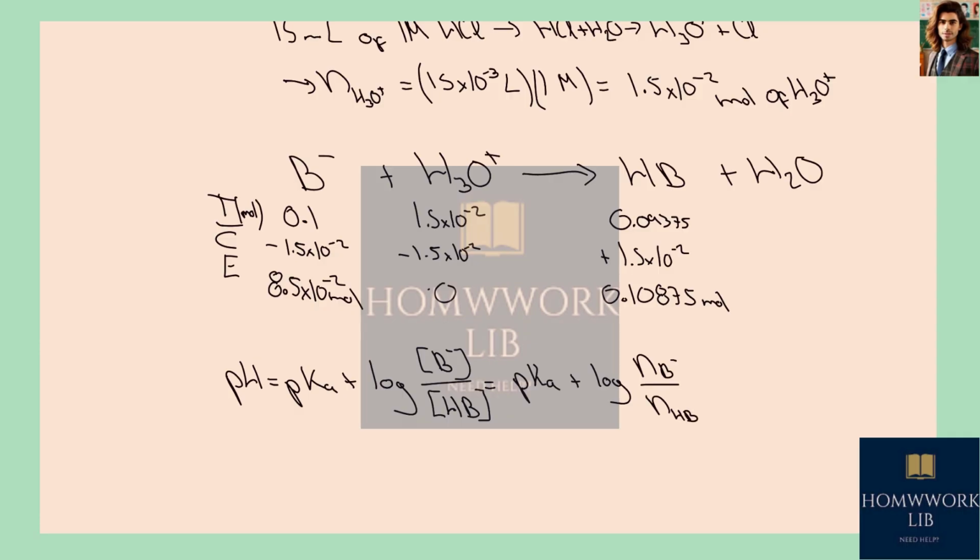We are given the Ka for benzoic acid, that is 6.4 times 10 to the minus 5. This gives us a pKa of 4.2.